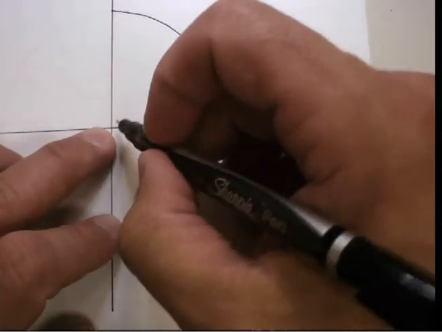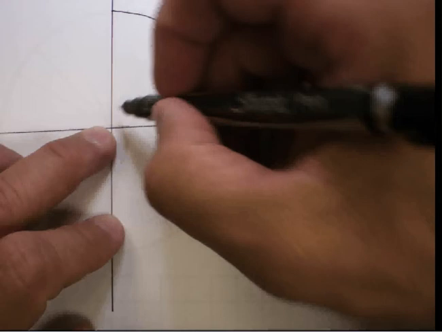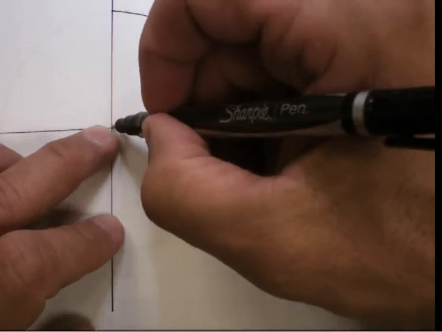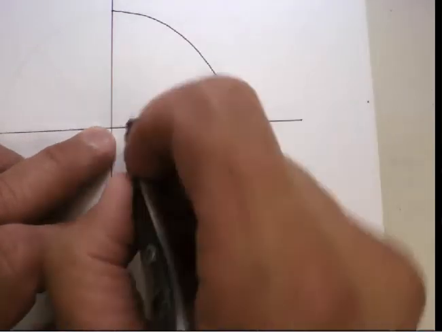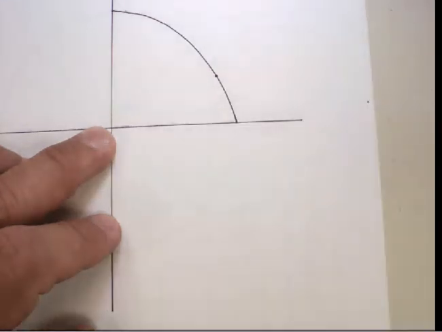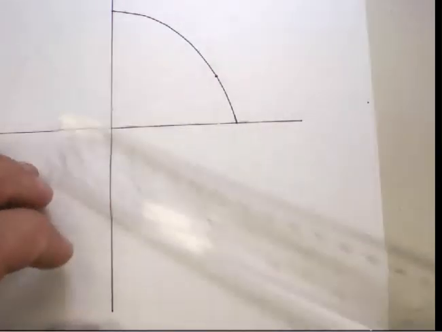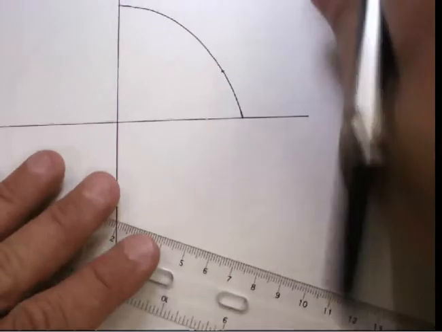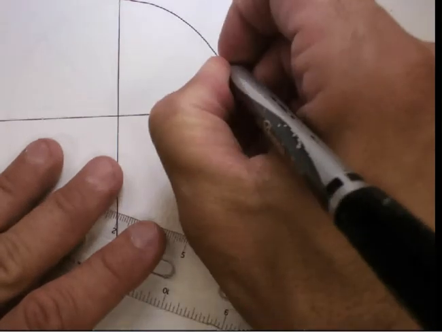So now instead of going halfway through or 45 degrees, let's just move 30 degrees up off of here. Let's just go a third of the way up. So we're going to go right to here. Actually, it's more like right about there.